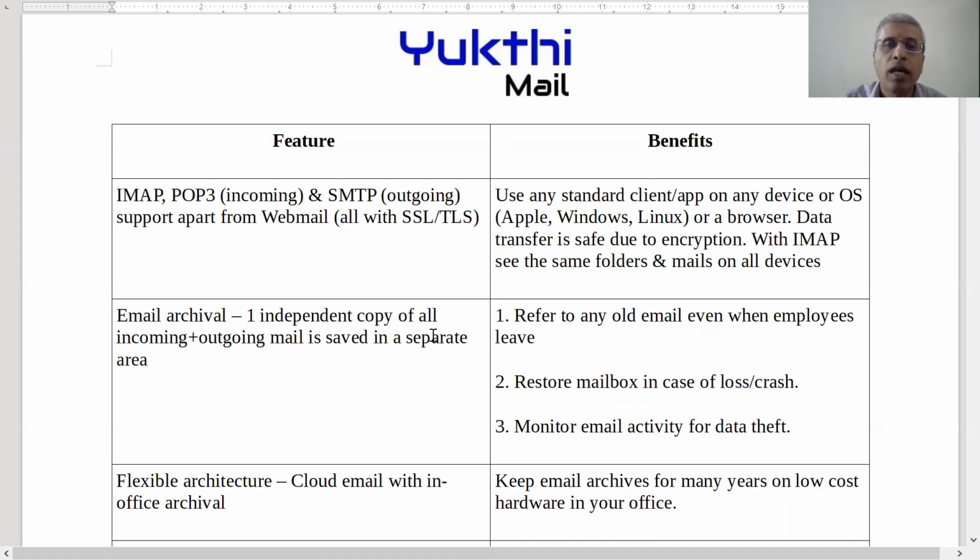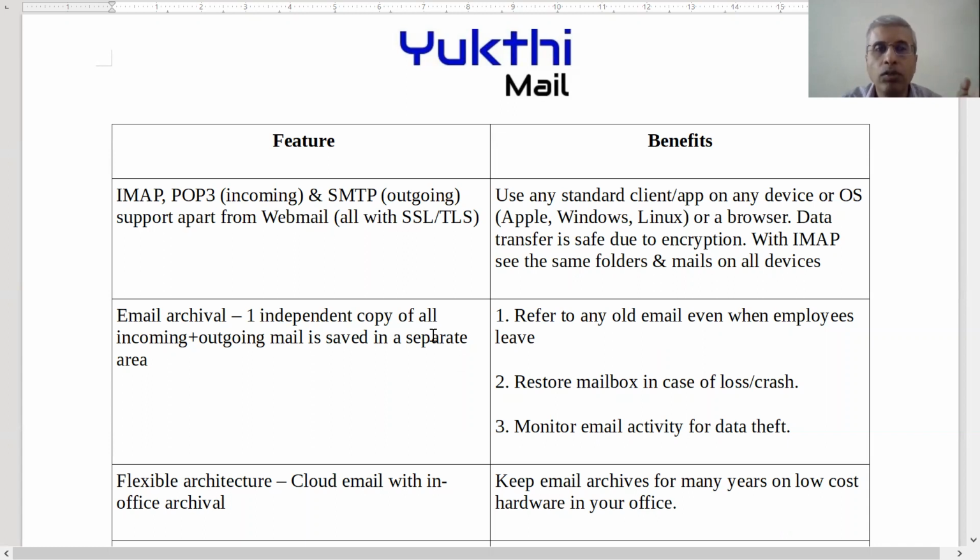Okay, the next is email archival. Email archival basically means that one copy of all incoming and outgoing mail of every user is saved in a separate area. That means to access the email archive, you have a separate authentication, and so only certain authorized people in your company will get access to the archive, and there you will find one copy of all emails.